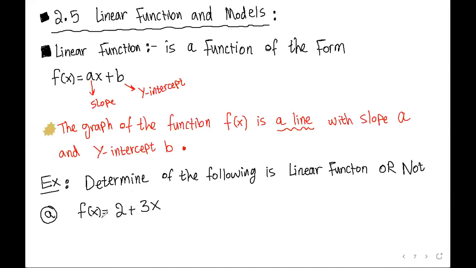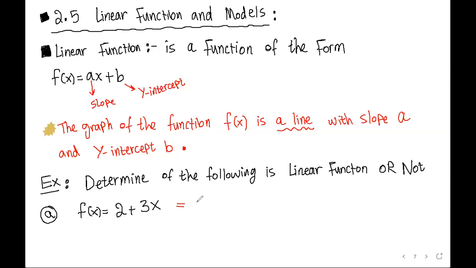For the first one, determine if this is linear or not. Is f of x equal 2 plus 3x a linear function? Is it equivalent to something like that? Yes. So the first one is linear. Why? Because the form of the linear function is f of x equal a times x plus b.